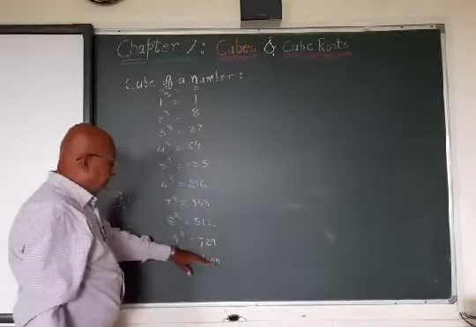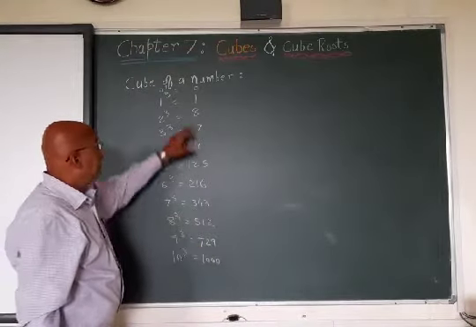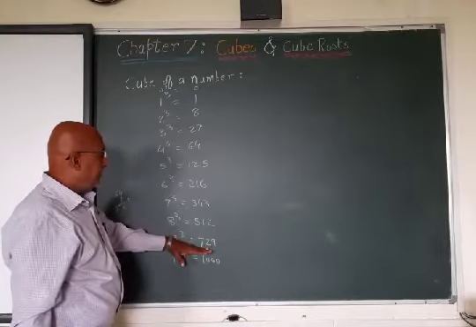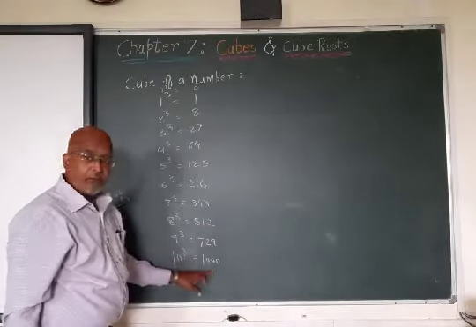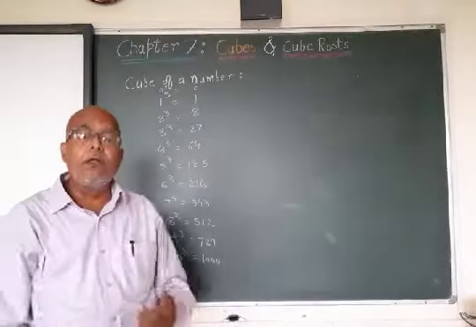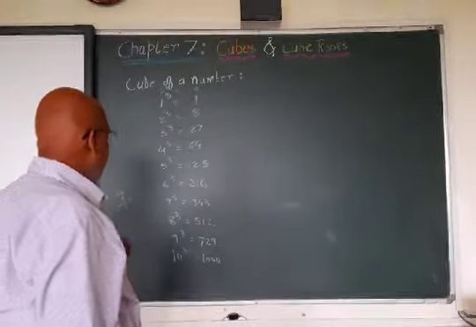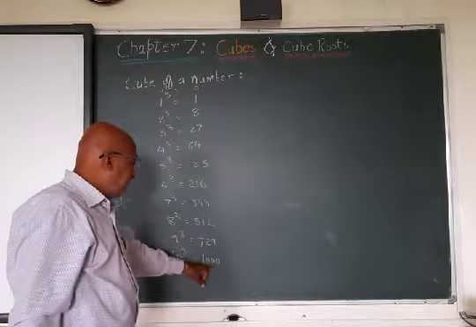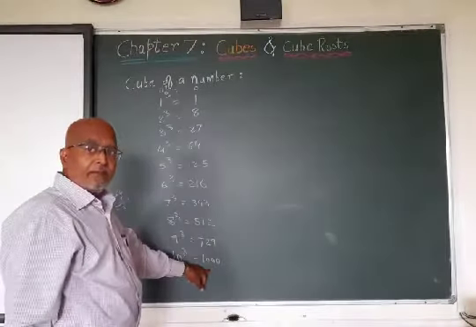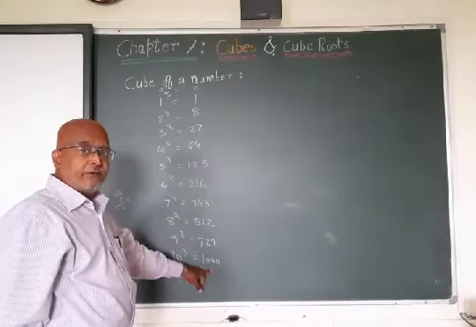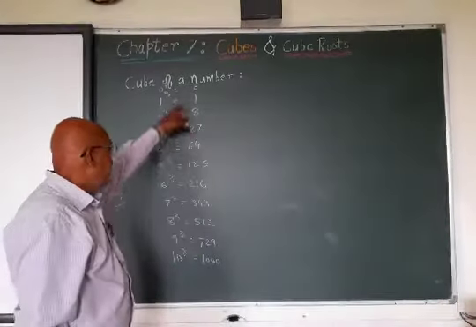So, below 1000, we have how many cube numbers? Starting from 0, we have 10 cube numbers below 1000, or even you can write that below the lowest 3-digit number, the number of cube numbers less than a 3-digit number are 9.